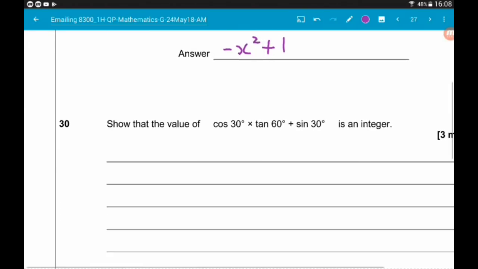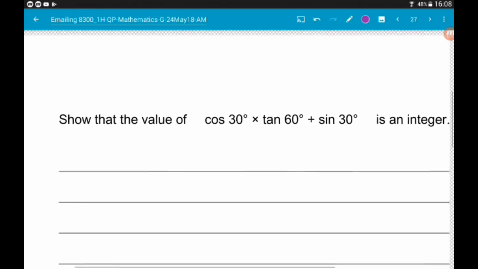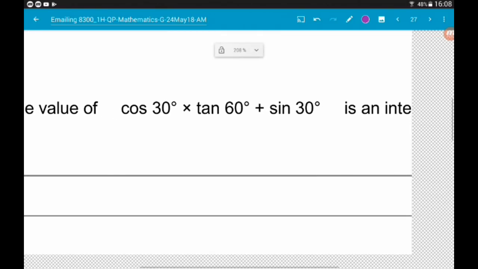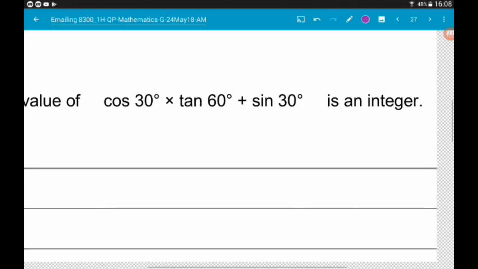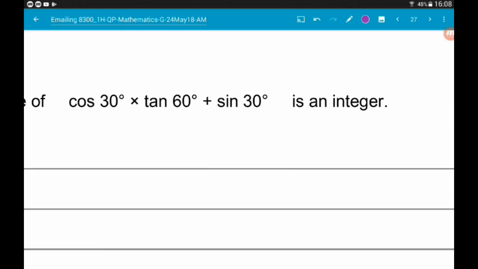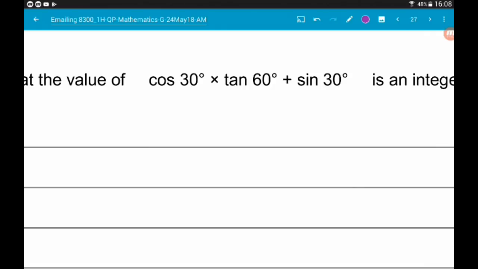Alright, question 30. The grand finale. We want to show that the value of cos of 30 times tan of 60 add sine of 30 is an integer. So a whole number. Now again, we're relying here on our exact trig values. So I'm not going to go through how to work them out here. There is a link down below.